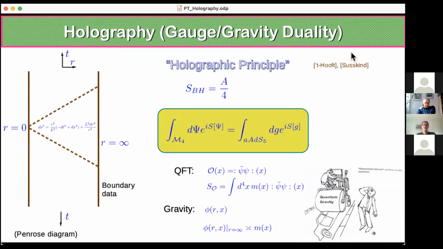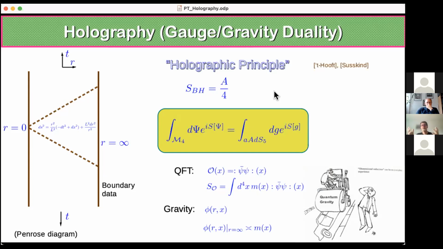Okay, so here's more in detail. The original idea of this so-called holographic principle, because it's holographic because it maps the 5-dimensional anti-de Sitter space, a 5-dimensional quantum gravity, to a 4-dimensional quantum field theory. And the ideas go back to ideas about quantum gravity in general, where the observation is made that if you have a black hole in gravity, then the entropy, which is already something which you have to compute using quantum mechanics, quantum field theory, the entropy of a black hole is proportional only to its area and not to its volume.